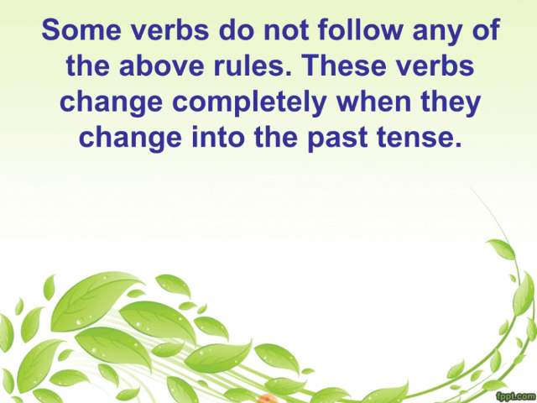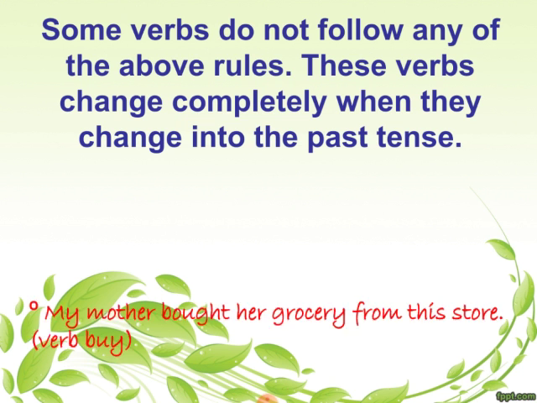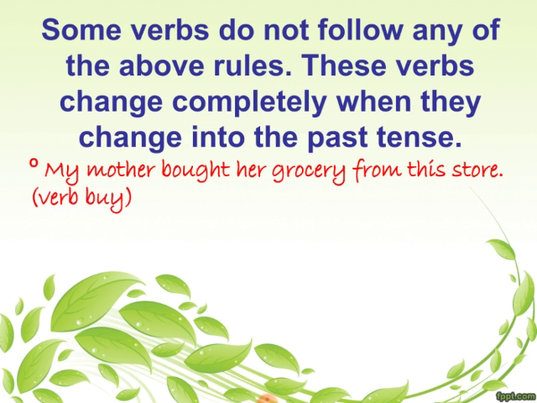Some verbs do not follow any of the above rules. They neither put D, nor ED, nor IED. They totally change the spelling. These verbs change completely when they change in the past tense. For example, my mother bought her grocery from the store. The verb is buy and it totally changes spelling and becomes bought.